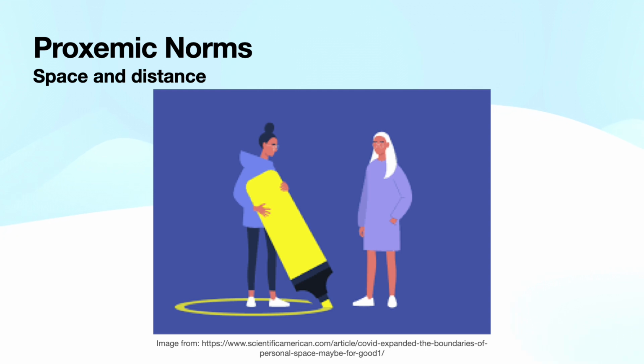The next norm is proxemic, which talks about the spatial behavior, or how we distance ourselves from the other person, especially with regards to the hierarchy in the company or the leadership roles. The territory or the space of a leader is generally less accessible compared to those of their subordinates.